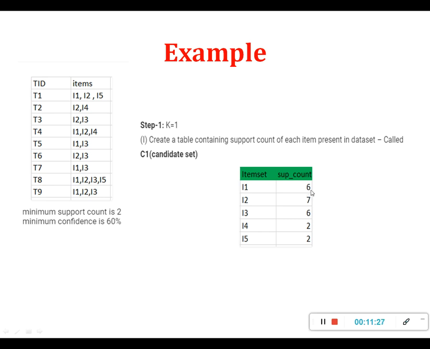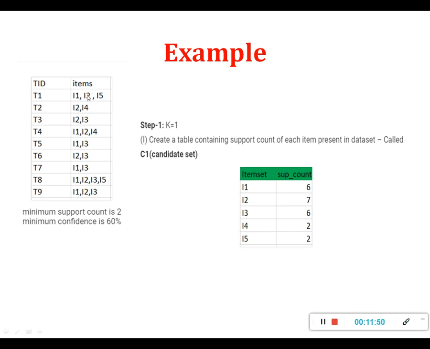So the count of I1 is 6, and I will call this a candidate set, in which we are calculating the support count of the one frequent. So I1 is occurring 6 times, so its support count will be 6.